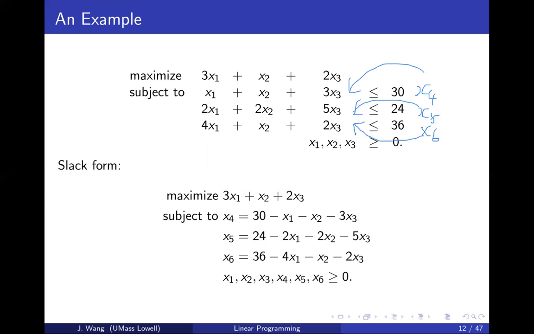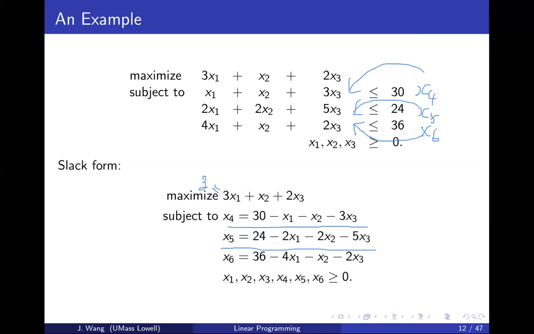So x4 in this case is equal to 30 minus x1 minus x2 minus 3x3. The second one will be x5 is equal to 24 minus 2x1 minus 2x2 minus 5x3. Likewise, x6 is equal to 36 minus 4x1 minus x2 minus 2x3. All of these slack variables are also greater than or equal to 0. And what we want to maximize is an objective function, let's call this z.